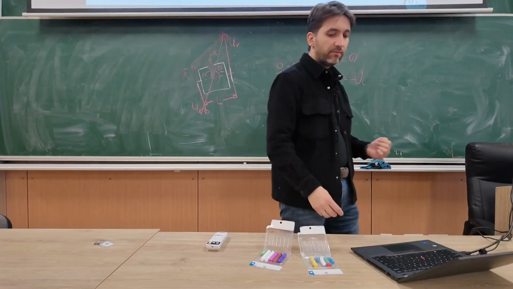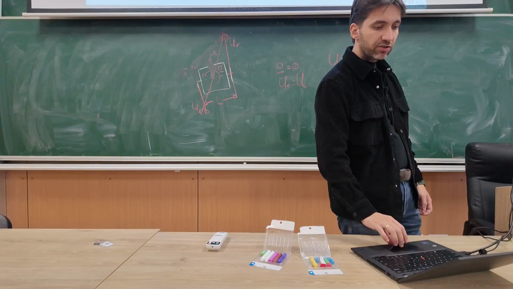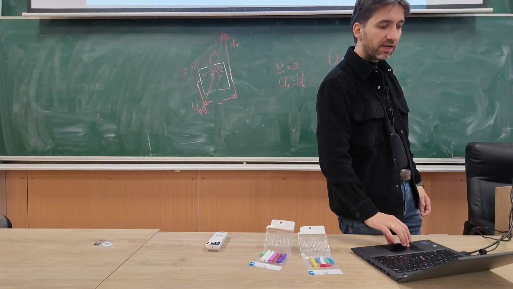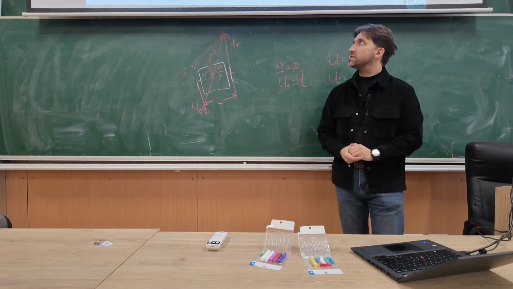How do I calculate, for any given wheel velocity, what will be the resulting curvature, the resulting radius to the center of rotation?